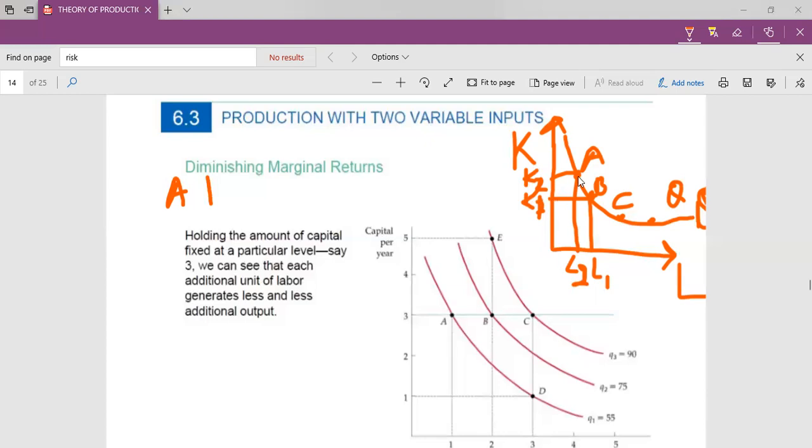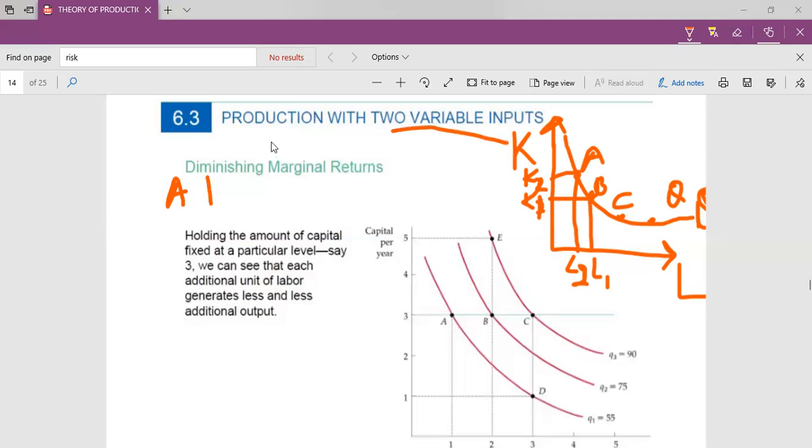In other words, here it means you can vary the capital and labor. You can either increase the machines used and reduce the labor, or you can increase the labor and reduce the machines. Are we together? So there it means that you are having production with two variable inputs.